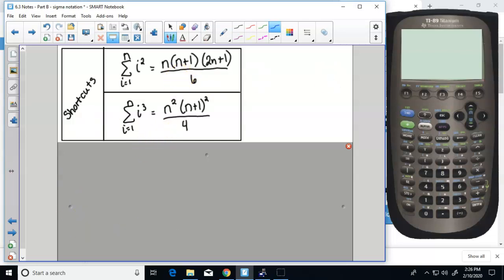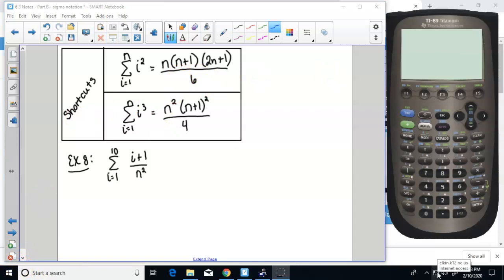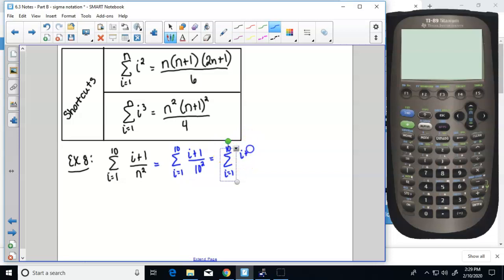So copy these down. The sum from 1 to 10 of i plus 1 over n squared. So the n is 10. I could go ahead and plug in that 10. And that would give me the sum from 1 to 10 of i plus 1 over 100.